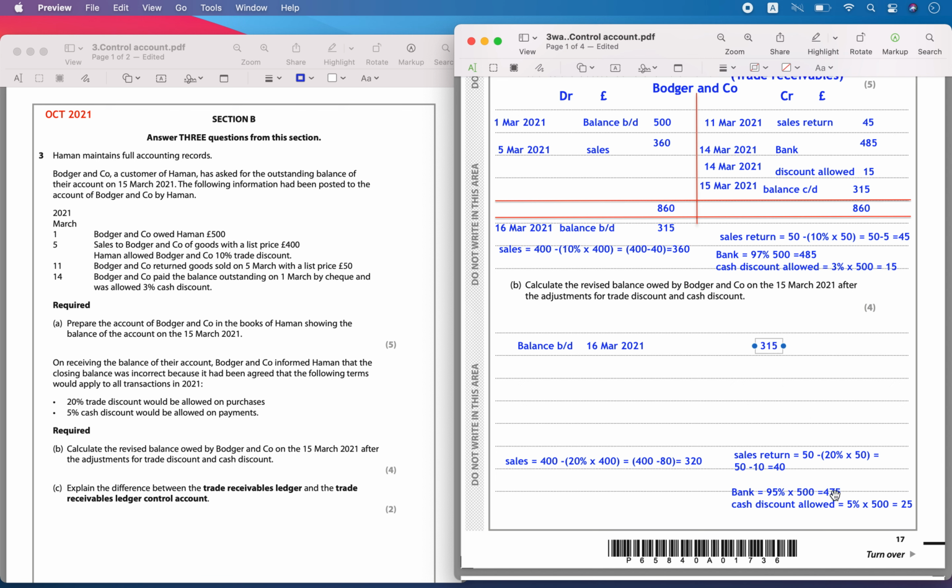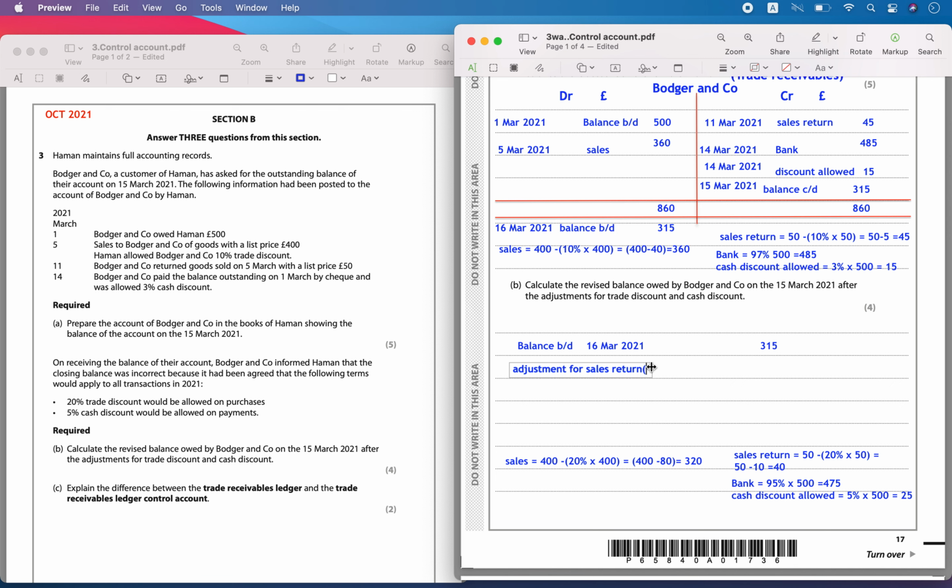Then I see on this side what the differences are that are going to happen. That's how I'm going to adjust this. Here I see the sales return adjustment. So let me make the adjustment for sales return first.